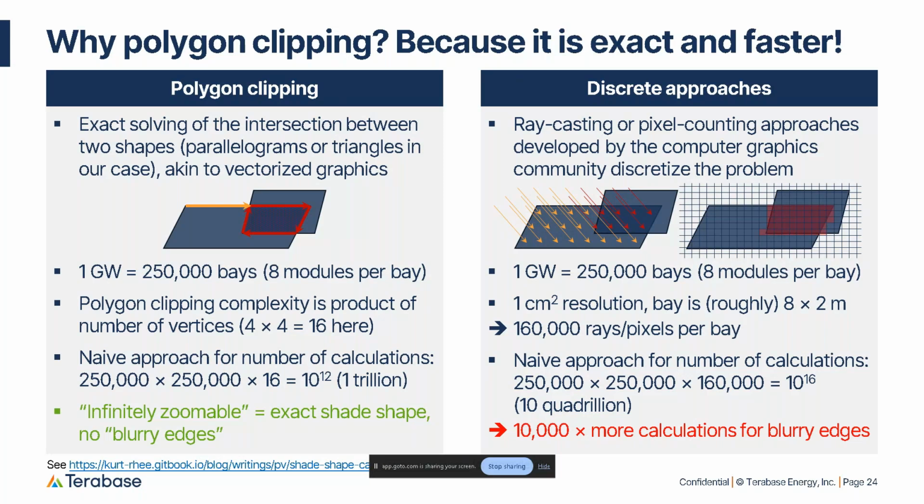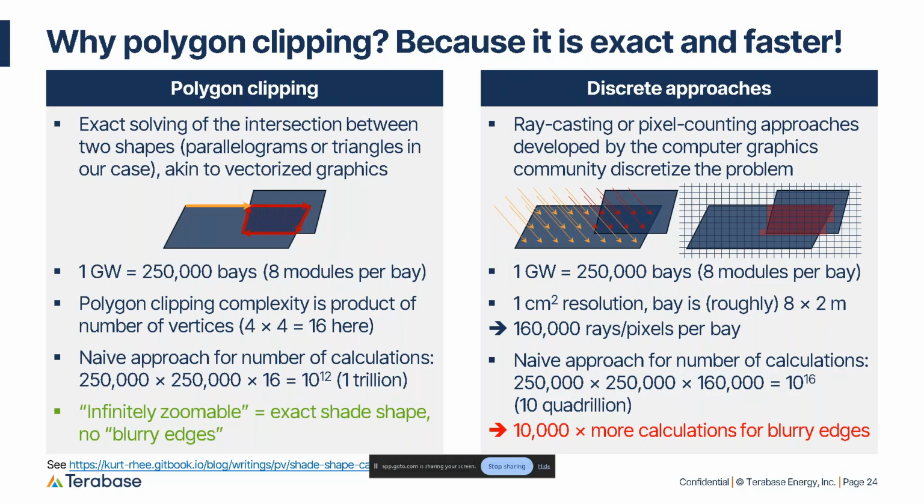And the real difference here is that on the left, for the polygon clipping, our approach, what you do is you really go along from vertices to vertices, and you do exact calculations, so that what you render is an exact shape of the shade. It's akin to vectorized graphics if you're used to that.